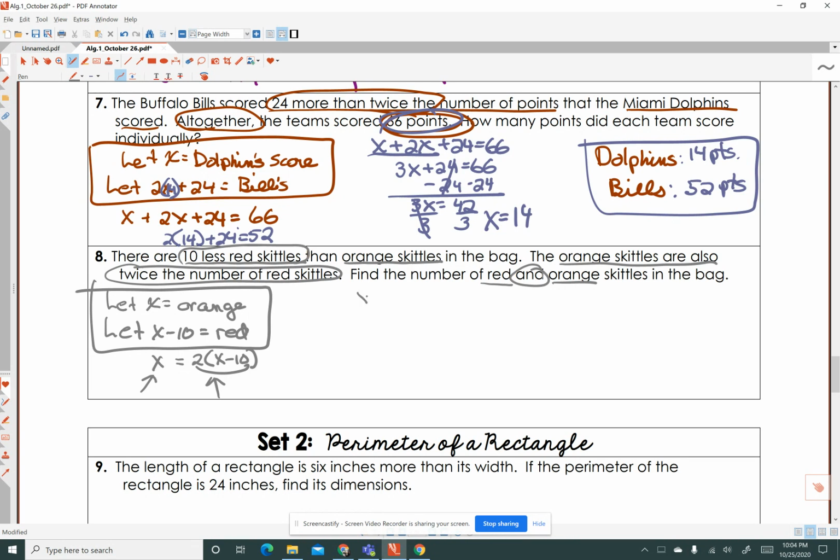So let's rewrite this. x equals 2 times the quantity of x minus 10. We will distribute first. x equals 2x minus 20. Let's subtract 2x from both sides.